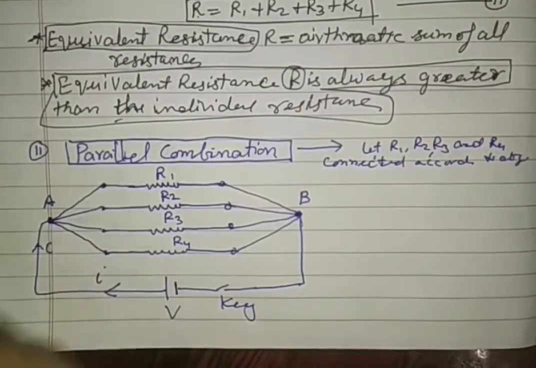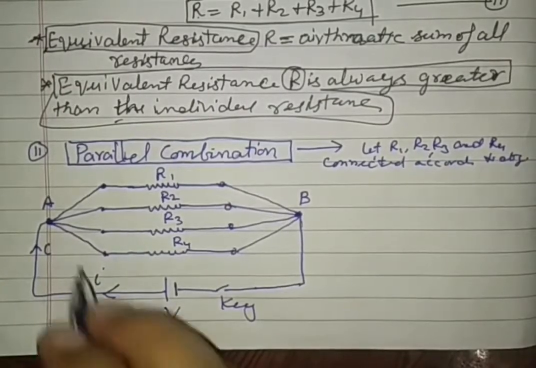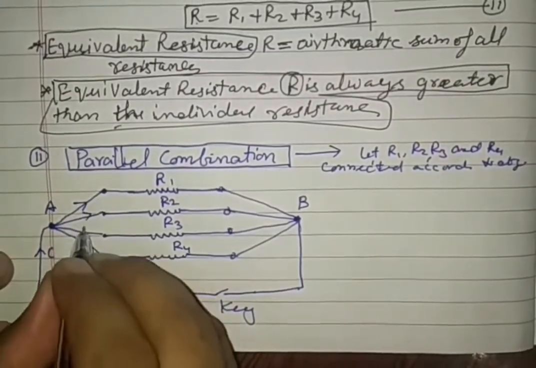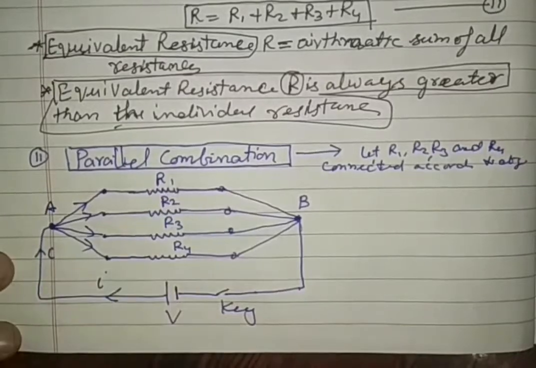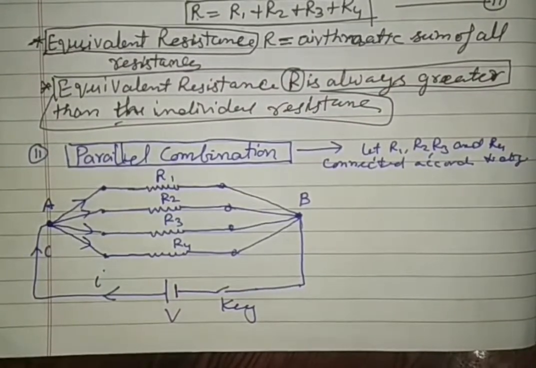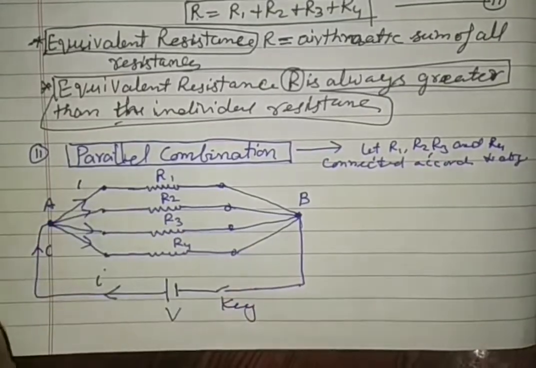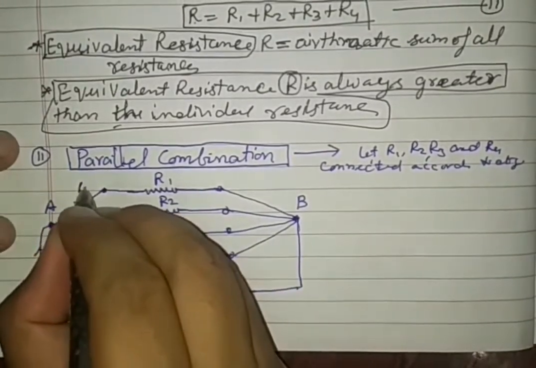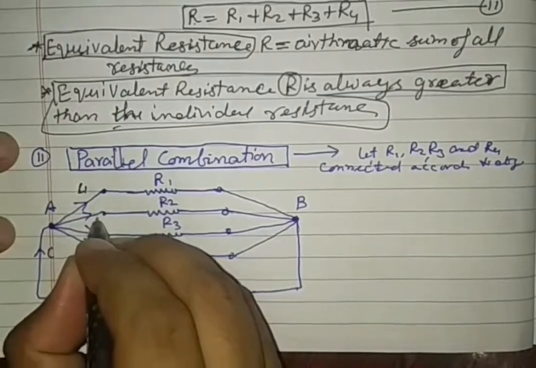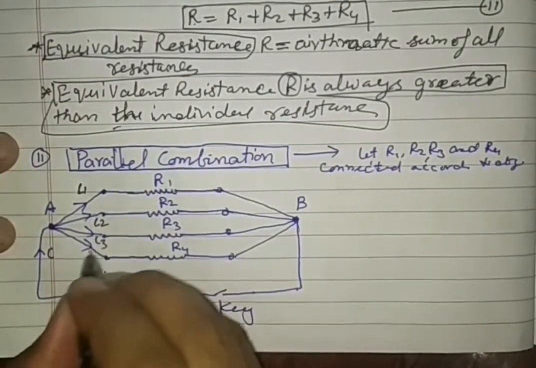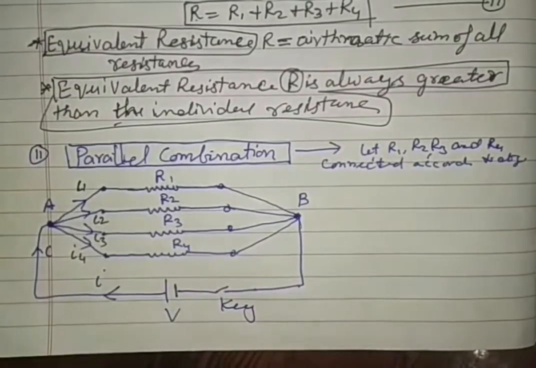When the current reaches point A, it is divided into 4 parts, meaning the number of resistances available in parallel. So the current is divided into 4 parts, represented as I1, I2, I3 and I4.